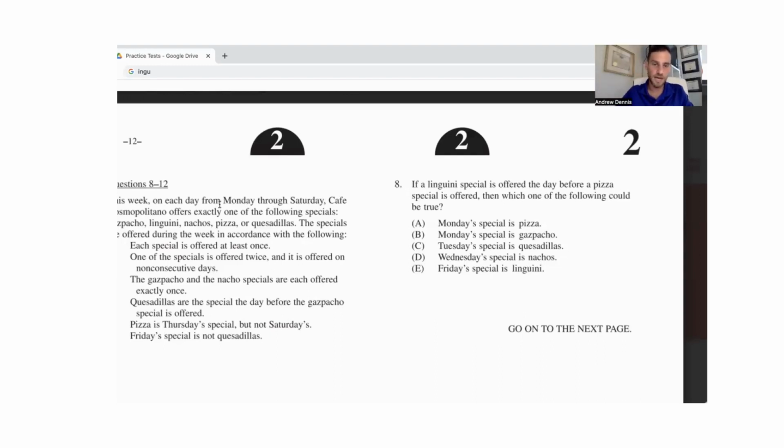What's the third rule? The gazpacho and the nacho specials are each offered exactly once. So I'm going to write 2 separate rules here. G equals #1. Used to be called a pound sign, I don't know, info sign, but #1. To me, that means frequency. If I use the hashtag, it denotes frequency. Because if I put G equals 1, I might confuse myself and think that G goes in space number 1.